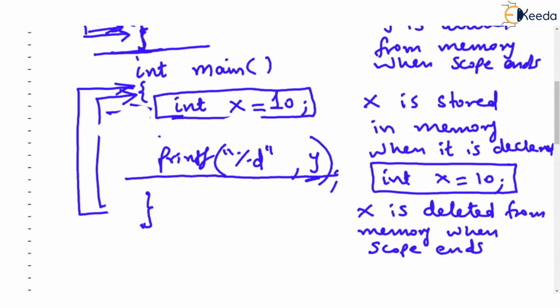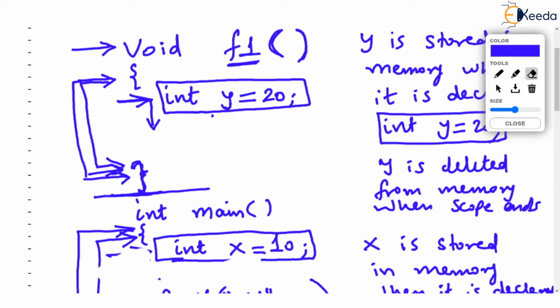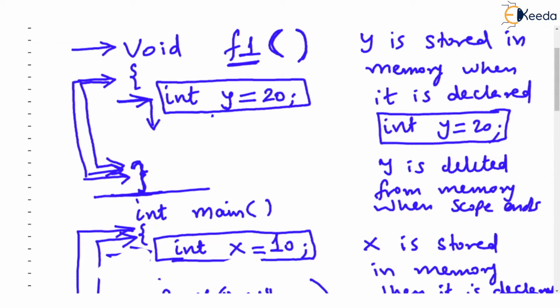Same thing goes for the f1 function. Suppose in the f1 function, let me clean a few things again. Let's say in the f1 function, we attempt writing printf %d x, thinking that x has been declared in main.